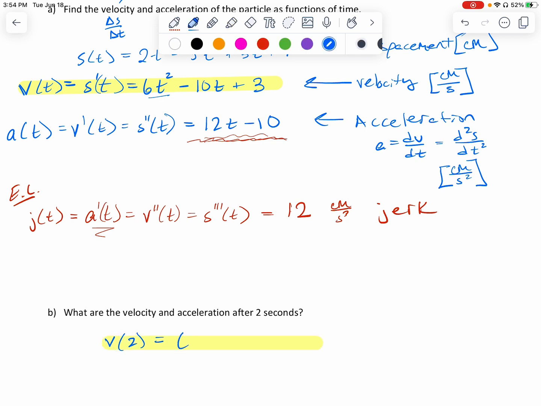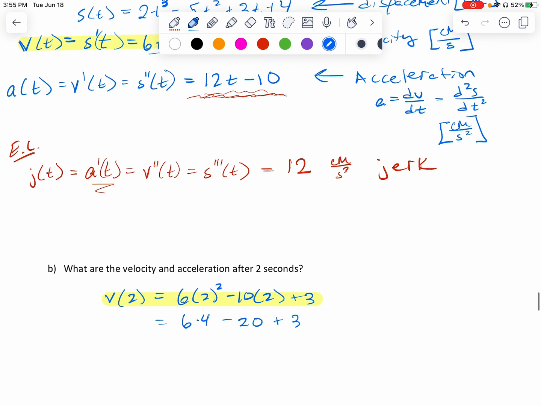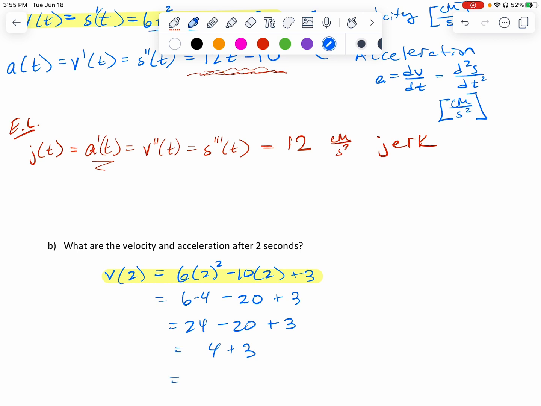We get 6 times t squared, and now our t is 2, minus 10 times t plus 3. And simplifying that, I get 6 times 4 minus 10 times 2 is 20 plus 3. Or 24 minus 20 plus 3, which gives me 4 plus 3, or 7. And again, my units for velocity is centimeters per second.